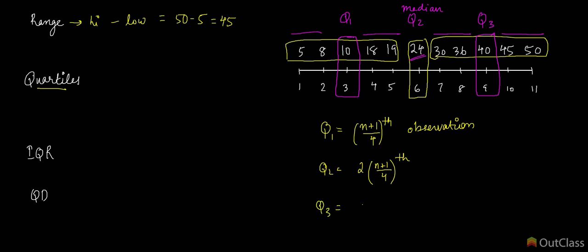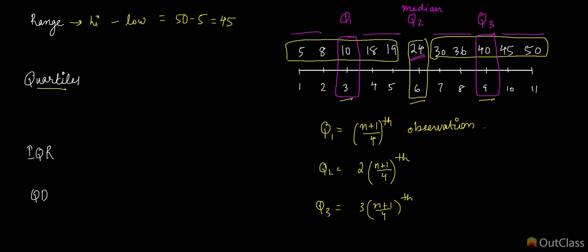Q3 would be 3 into (n plus 1) by 4th observation. So basically here n is 11, so 12 by 4, the third observation, is Q1. Twice of (n plus 1) by 4 will be the 6th observation. Thrice of (n plus 1) by 4 will be 3 into (11 plus 1) by 4, which is 9, the 9th observation. That's basically how it works.